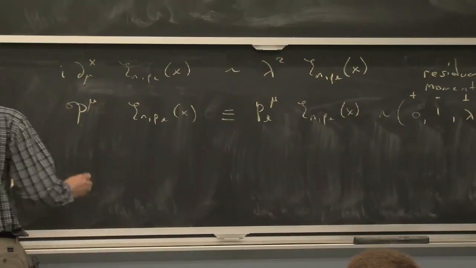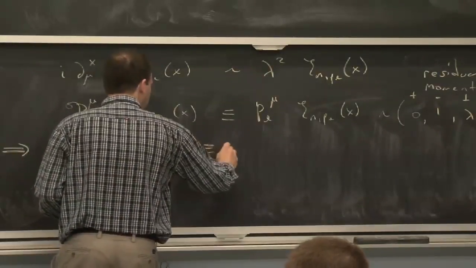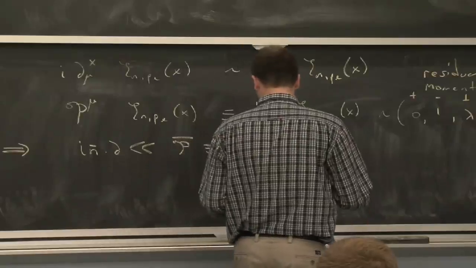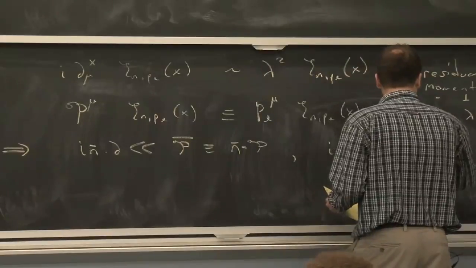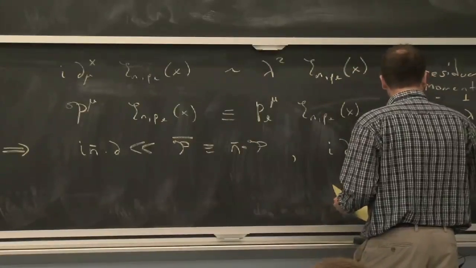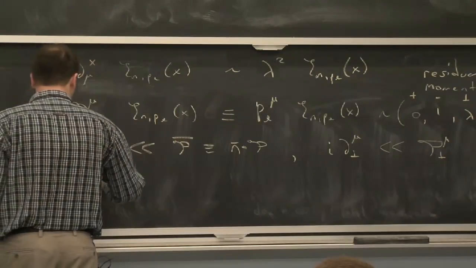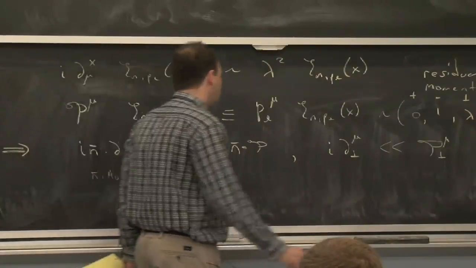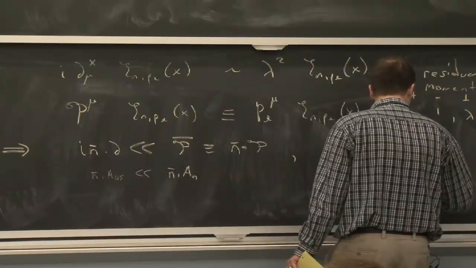Okay, so the bottom line is that we now have a comparison for derivatives, like we had a comparison for the gauge field. And this is exactly analogous to what we said before, where we had n bar dot A ultrasoft being much less than n bar dot A collinear, and A perp ultrasoft being much less than A perp collinear.